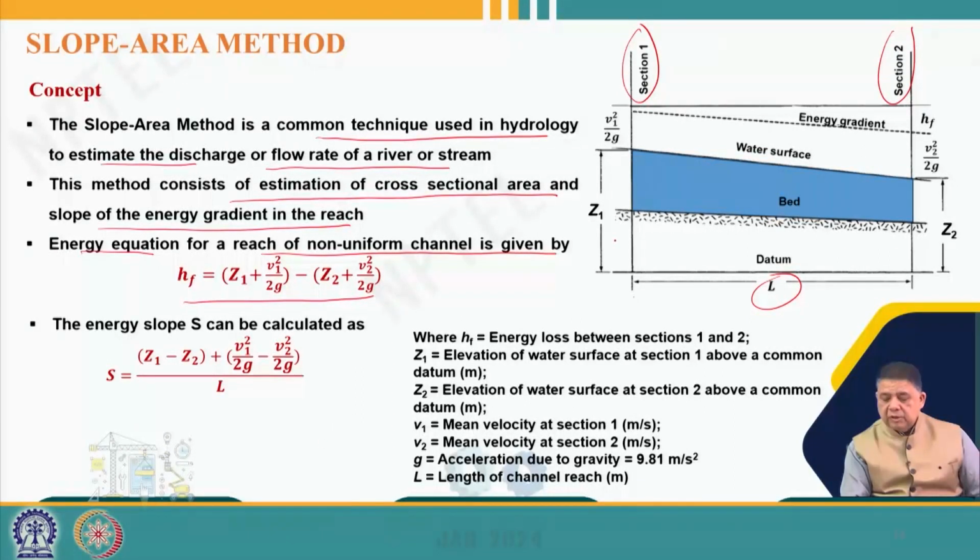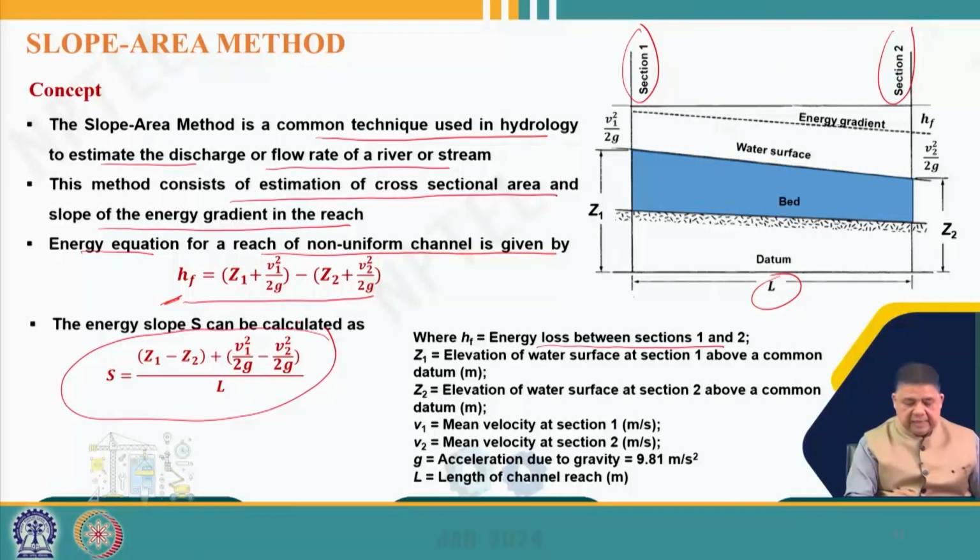So, the energy equation we know is Z1 plus V1 square by 2g equals Z2 plus V2 square by 2g plus hf, which is nothing but the loss of energy between section 1 and 2. So, hf can be calculated from this relationship in terms of Z1, V1 and Z2, V2. And the energy slope, which is nothing but hf by L, can then be calculated, hf is here, L we know. So, the energy slope S can be calculated in this form.